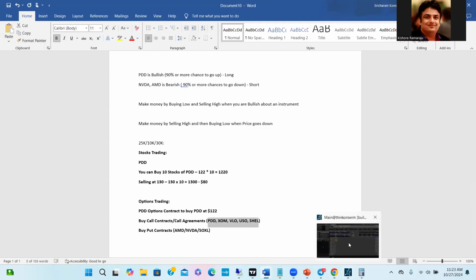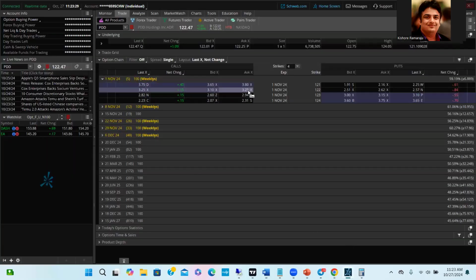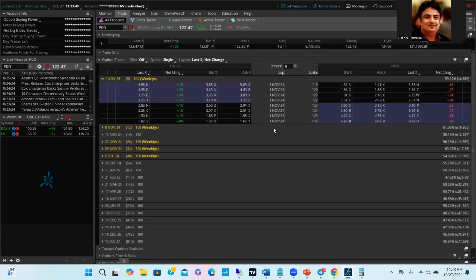So whenever you want to buy this, whatever premium you see here, that is for one stock, right? It is not that you are just paying for one stock, you cannot buy just an agreement, you have to buy an agreement. So you don't want to invest a lot of money, but you think this may go up to 127, 128 or something by tomorrow, day after tomorrow.